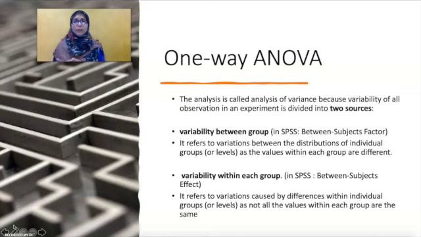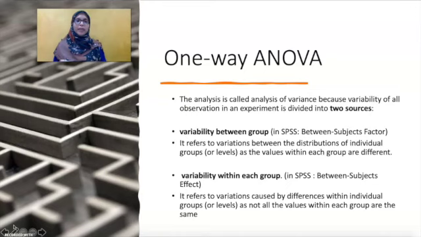One is between-subject factors, or variability between groups, and another is between-subject effect, or variability within each group. In between groups, you have 2 different groups, but within each group involves one group only. It's within an individual group. So that's the difference between between-group and within-group.